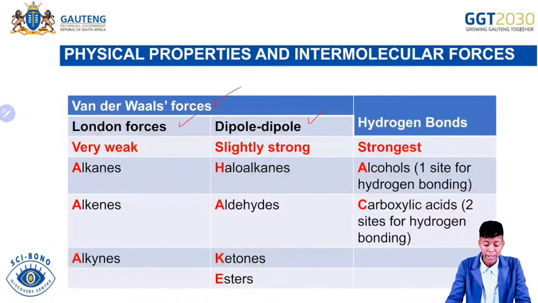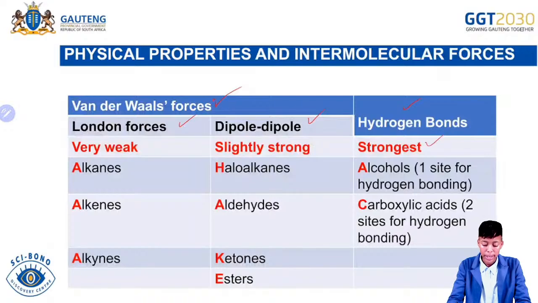How do you differentiate between the two? The London forces are very weak intermolecular forces, and the dipole forces are slightly stronger than the London forces. Then we have the third one, hydrogen bonding or hydrogen bonds, which are the strongest amongst the three.